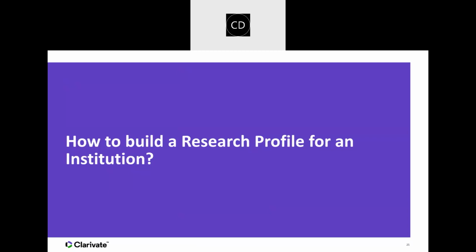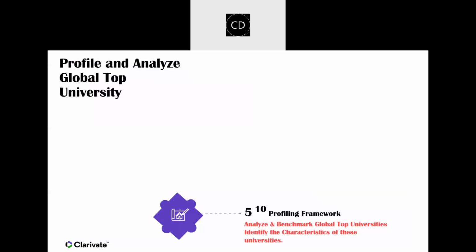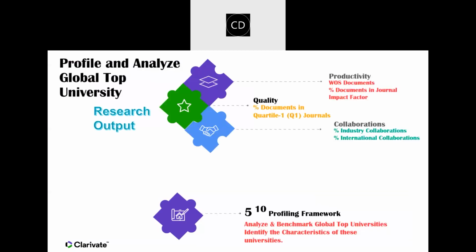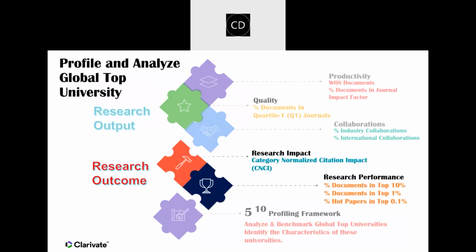So just to give you an example, I'm going to put in this profile, this framework here. So if you forget everything that I said, okay, this is probably the one most important slide that you would have to remember when you want to use InCites. Whenever you want to retrieve information or profile an institution, make use of this framework that I have on the screen.